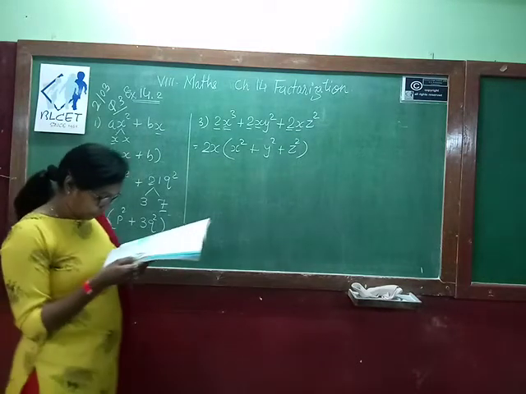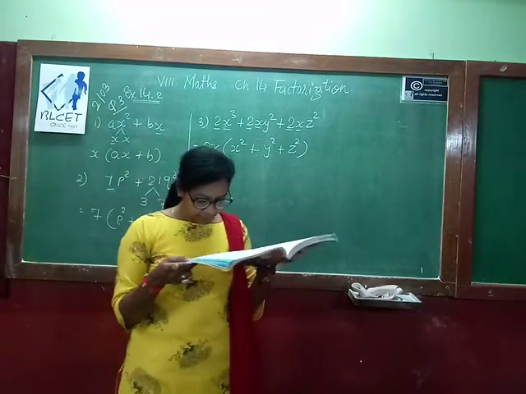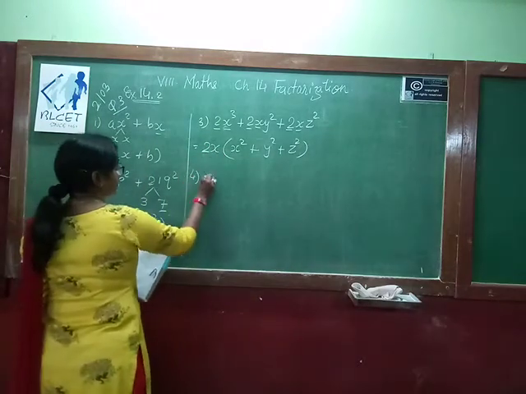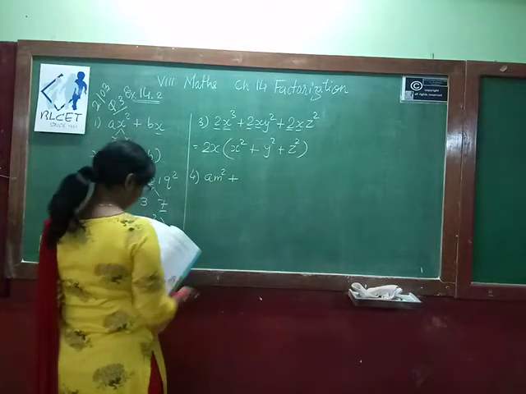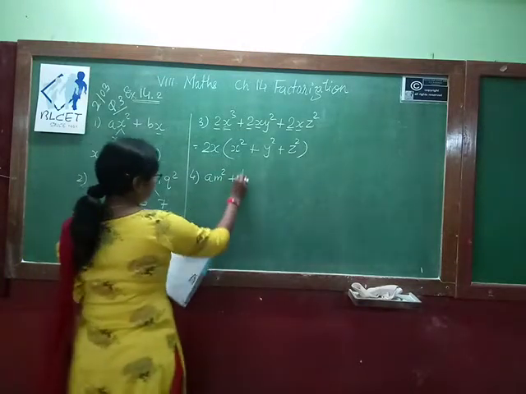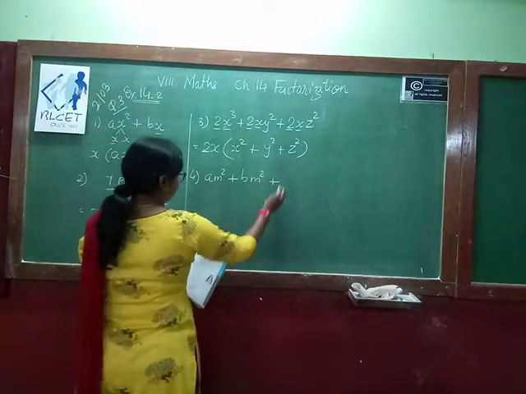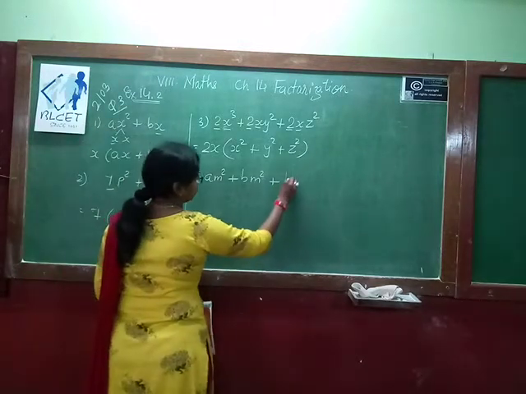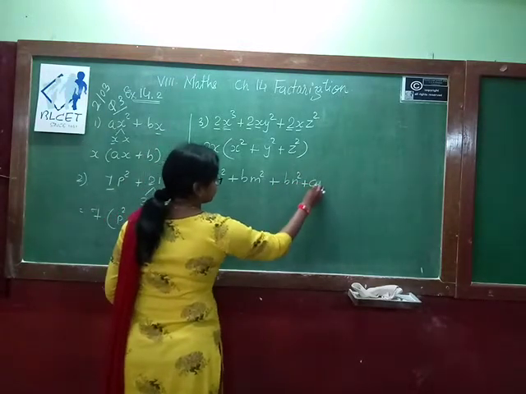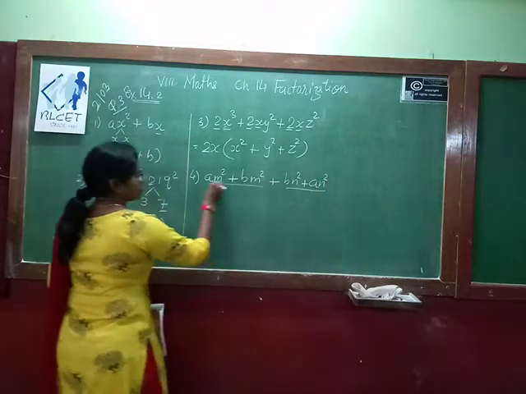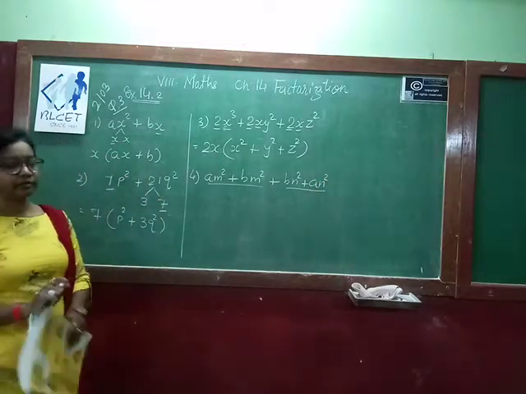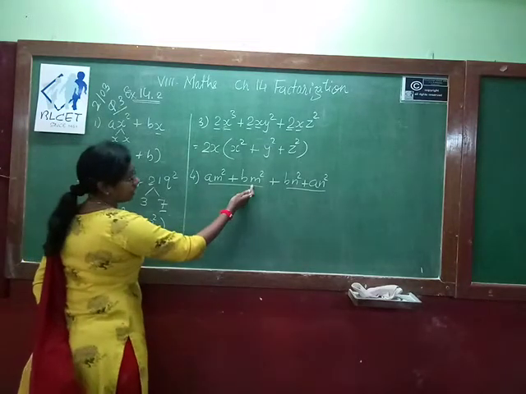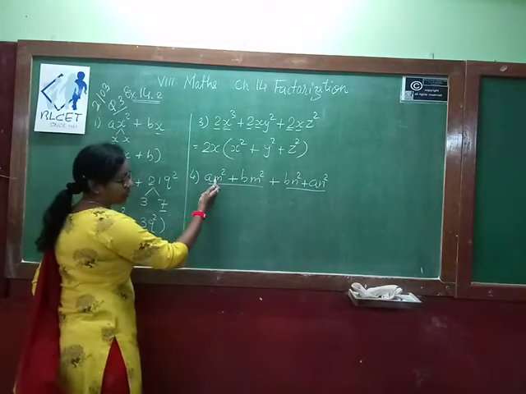Fourth question, if you see am square plus bm square plus bn square plus an square. So you have to make groups. No need to do any kind of regrouping because from these 2 terms we are taking m square as common.